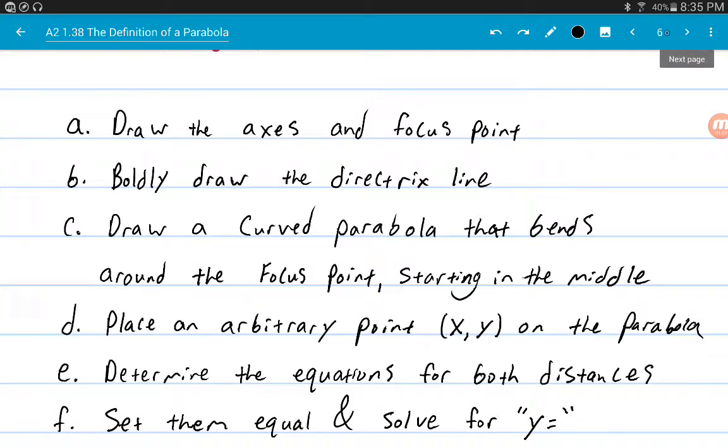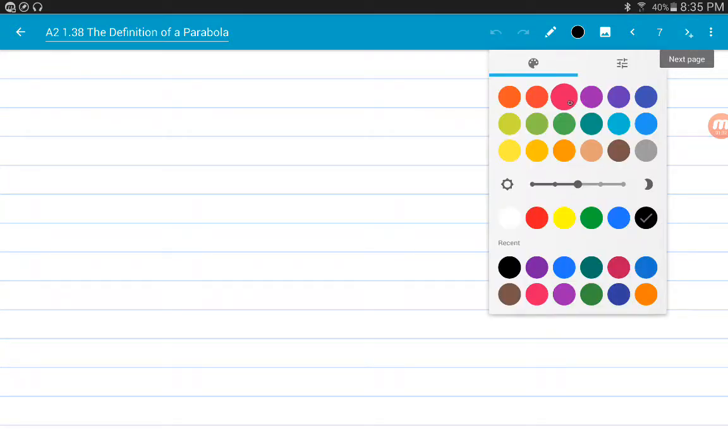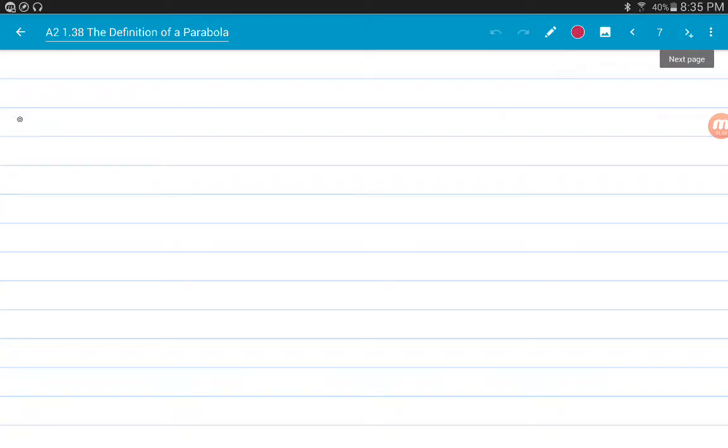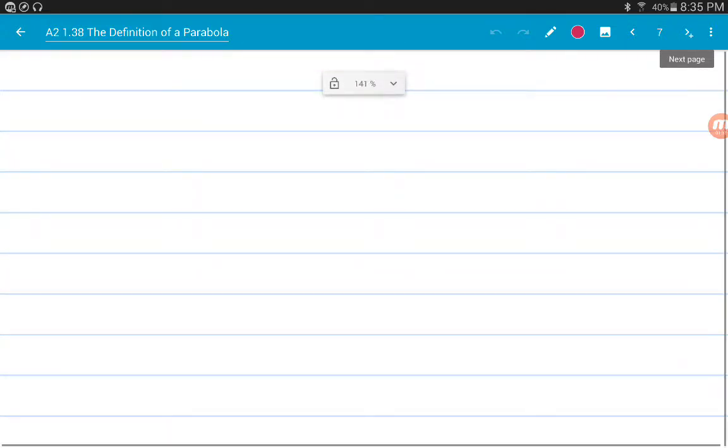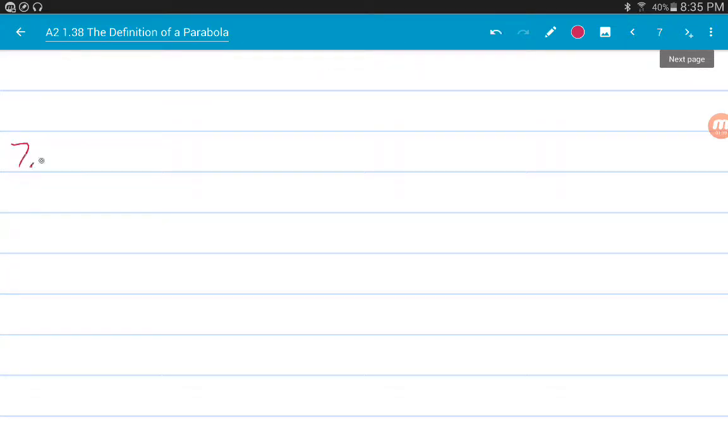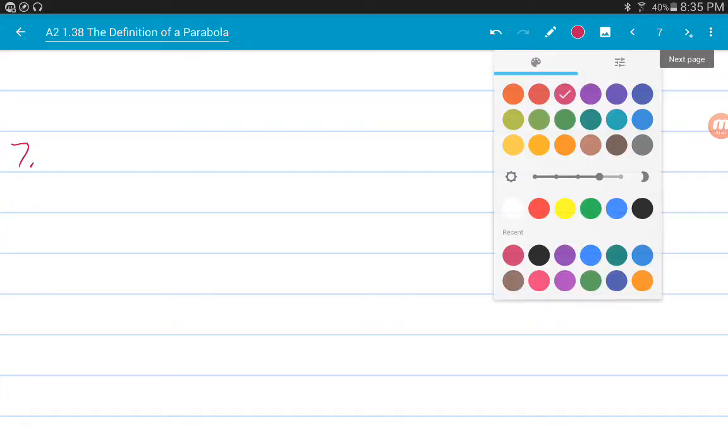Okay, so let's go through step by step. Draw the axes and focus point. So this is question number 7. All right, I draw the axes.